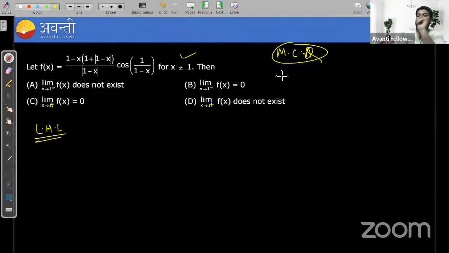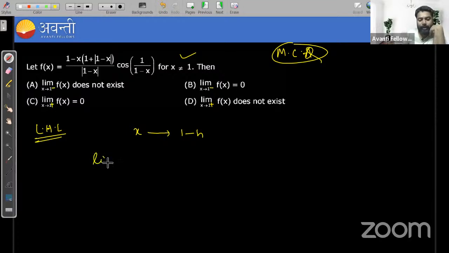Okay, now try with me also. So it is given that limit. When we are finding the left hand limit, what should we do? x tending to 1 from the left, that is 1 minus h. So h tends to 0.